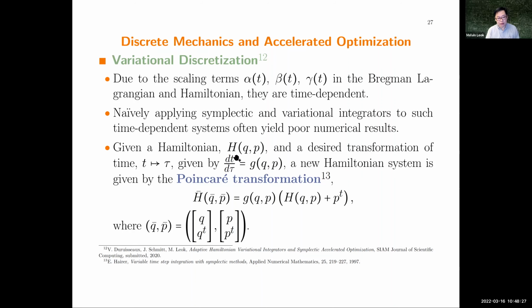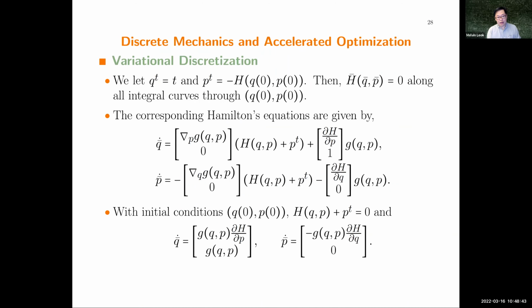So what you can do instead is what is called a Poincare transform. Essentially, this is a way of taking this non-autonomous system and embedding it into an extended phase space, which makes the problem autonomous. That's basically what's happening here. When you do that, you get these extended equations, one of which tells you how the time steps are evolving using a monitor function.